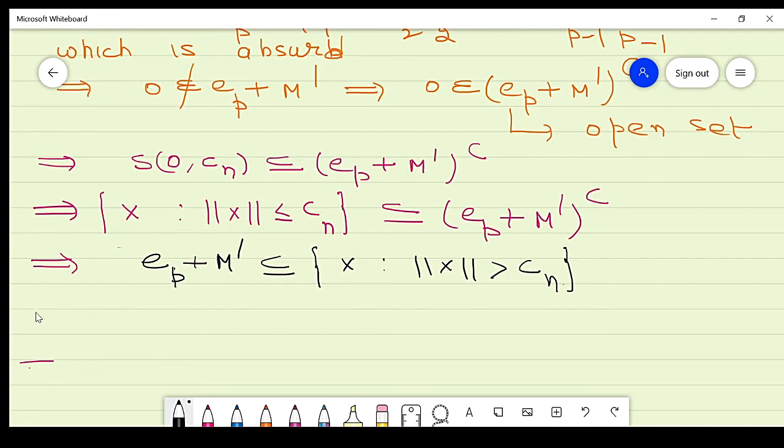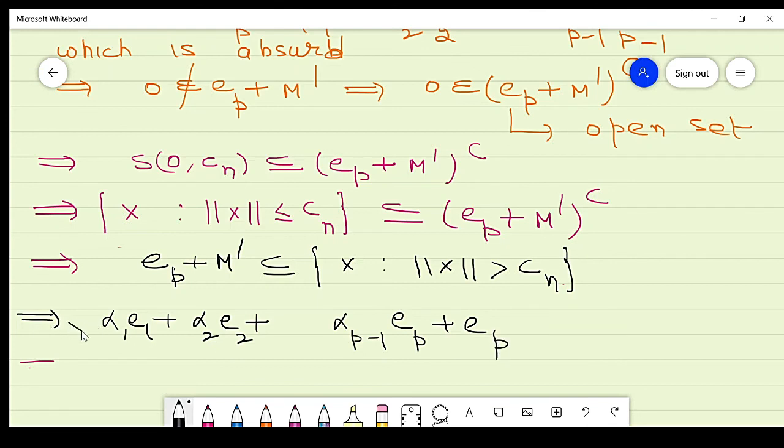Now take some member from this. What is that member? That member is a linear combination of this. That member is alpha 1 E1, alpha 2 E2 plus so on, alpha P minus 1 EP minus 1 plus EP, right?